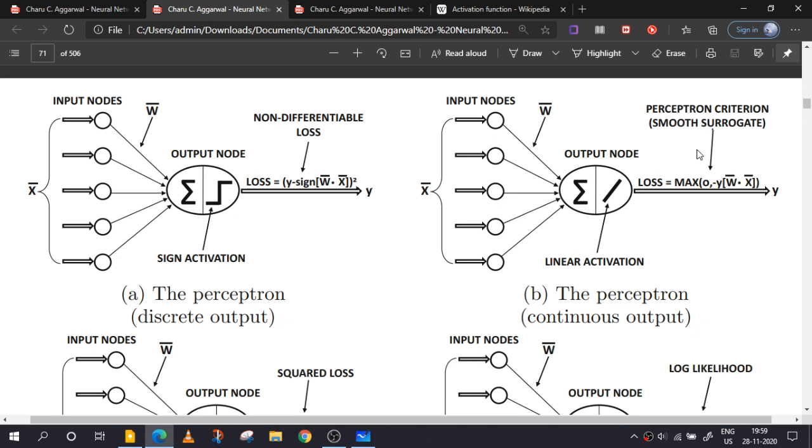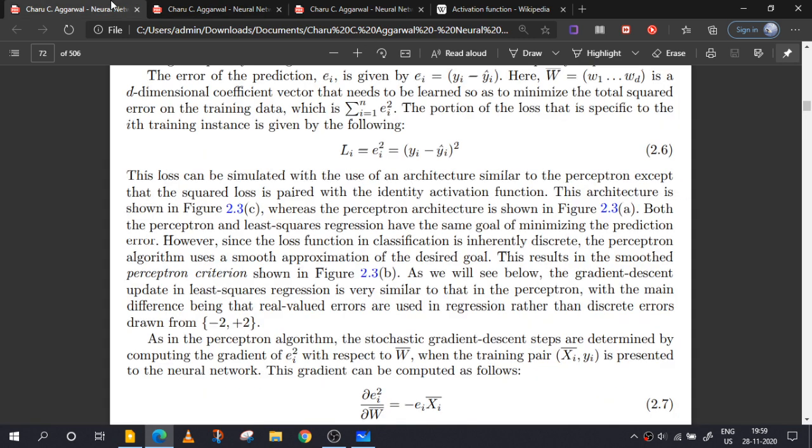This is like the perceptron, but with continuous output. This is sign activation, and this is a linear activation, which is like that line. The perceptron criterion, smooth surrogate, is the minimum of 0, comma, minus this. I don't know what this is. Loss is something I still have to understand. Okay, eventually we will understand.